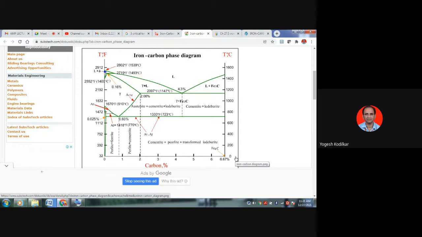Up to 2% of carbon, the metal is called steel, and above 2% of carbon, there is a cementite phase, which is very hard and brittle. That is your cast iron. So cast iron is from 2% onwards up to 6.67% of carbon. That is cast iron, students.